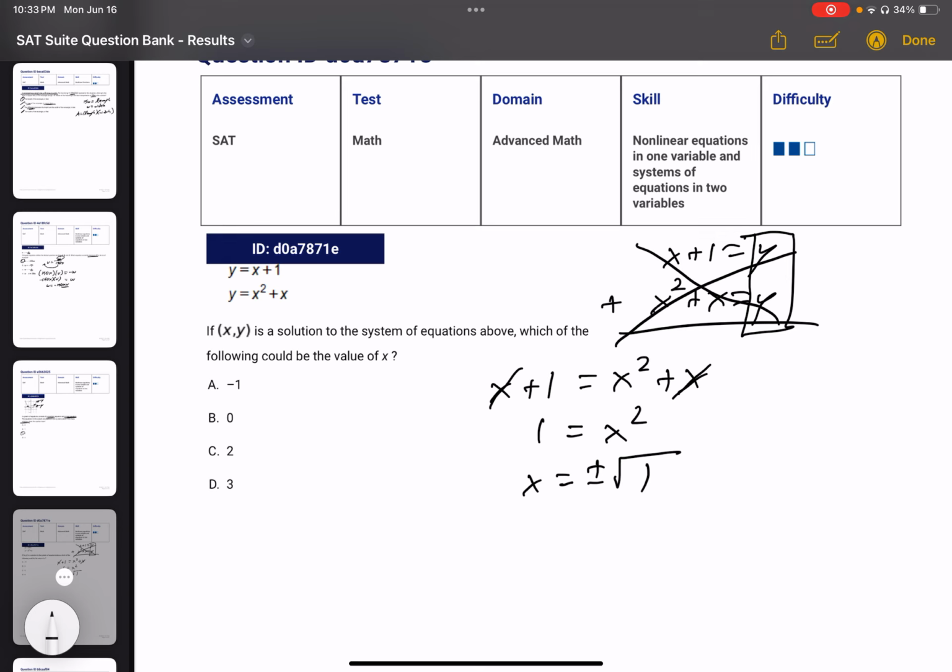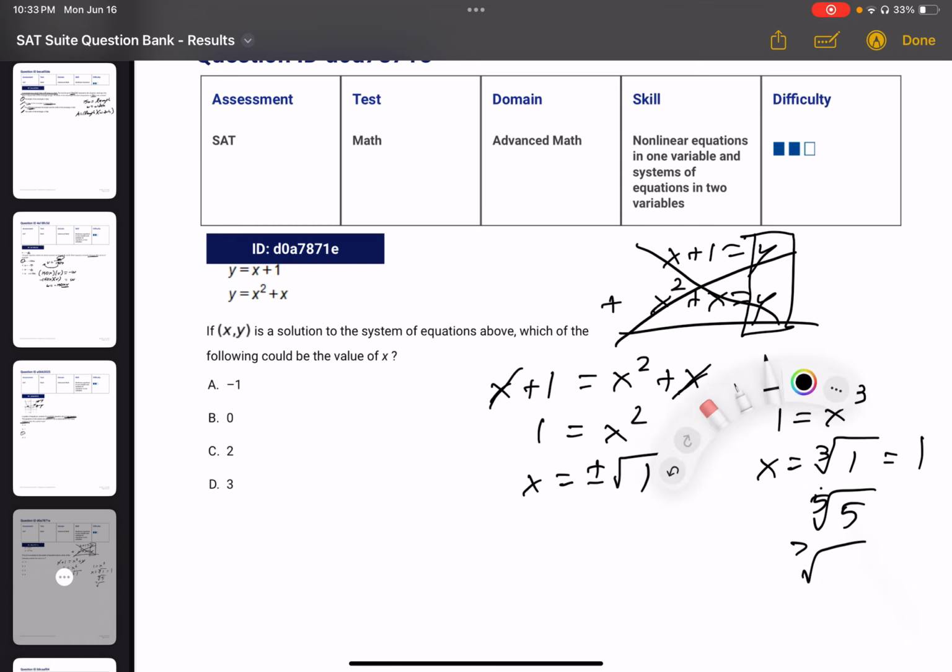But if it was, for example, 1 equals x to the 3, then it would be x equals cube root of 1, which is equal to 1. It wouldn't be plus or minus. So whenever it's an odd root, like root 5, root 7, or root 9, it's always going to be just one value.